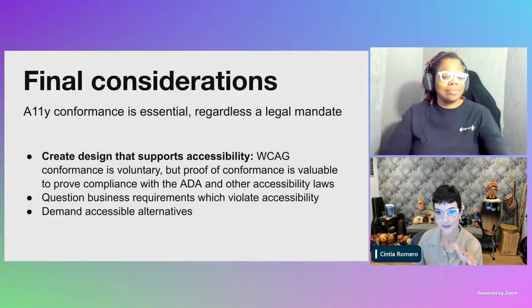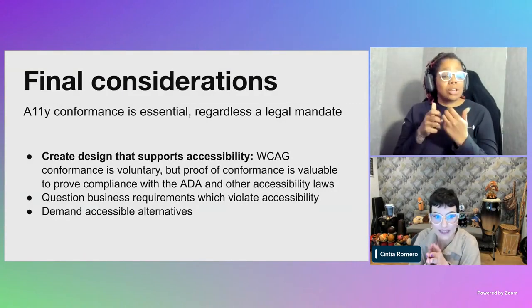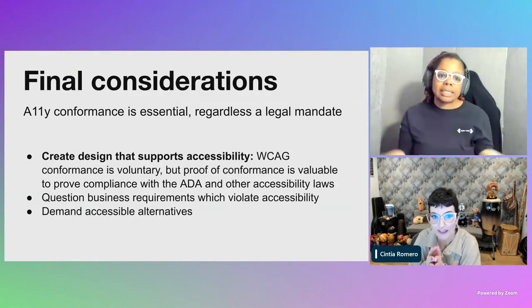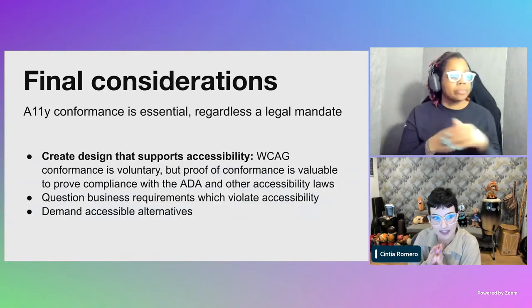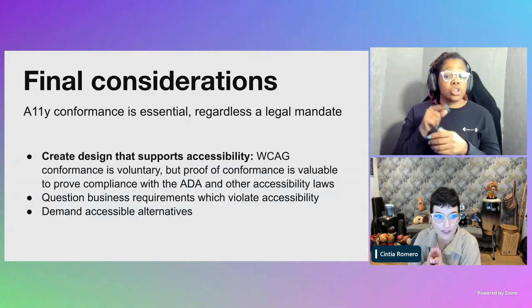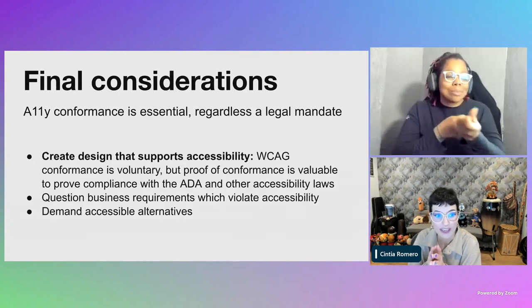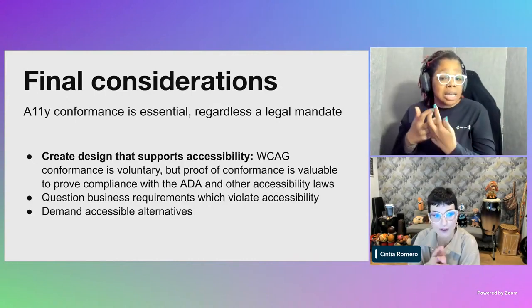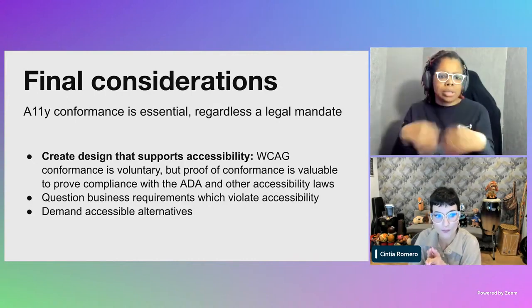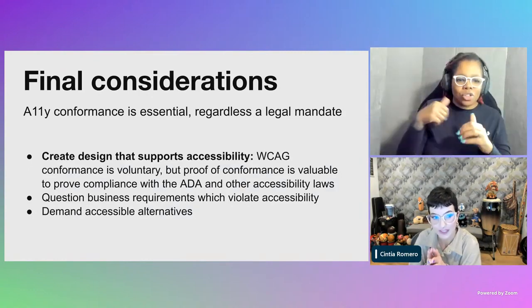And final considerations. Accessibility conformance is essential regardless of a legal mandate. As a designer, you have the opportunity to create design that supports accessibility. WCAG conformance is voluntary, but proof of conformance is valuable to prove compliance with the ADA and other accessibility laws.